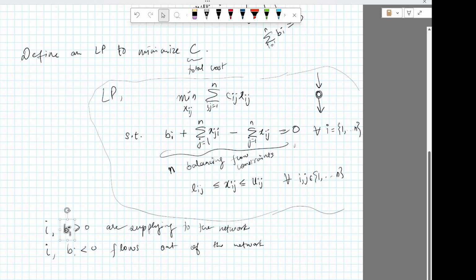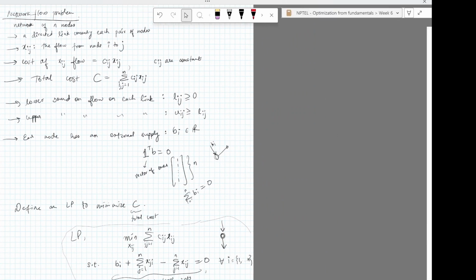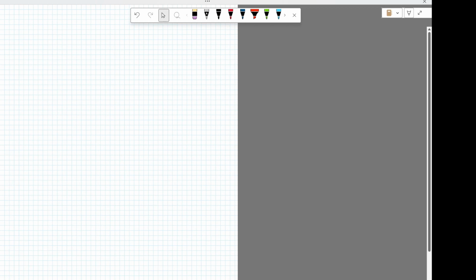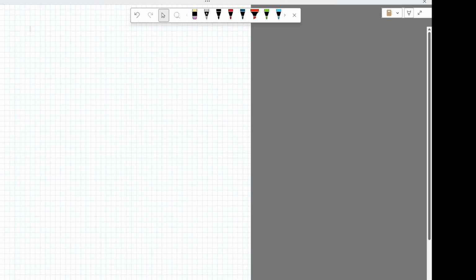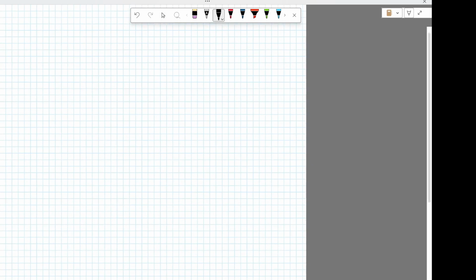Okay, this is an example of a linear program. Let me now do a question related to dual. So we had c transpose x. Let's say this is the thing.